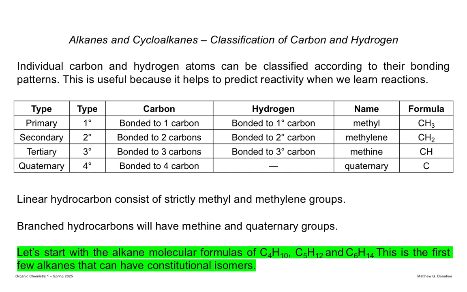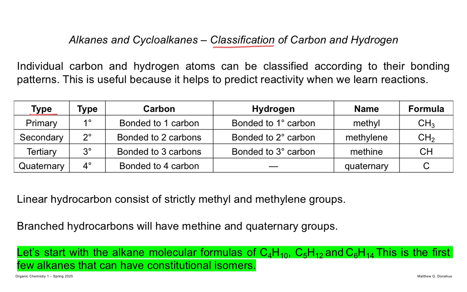As part of doing this, one thing we want to all be clear on as we communicate is how things are classified, and we've talked a lot about this already. Classifying carbon and hydrogen. So in the first column, we can see the type. A primary carbon is bonded to one other carbon.